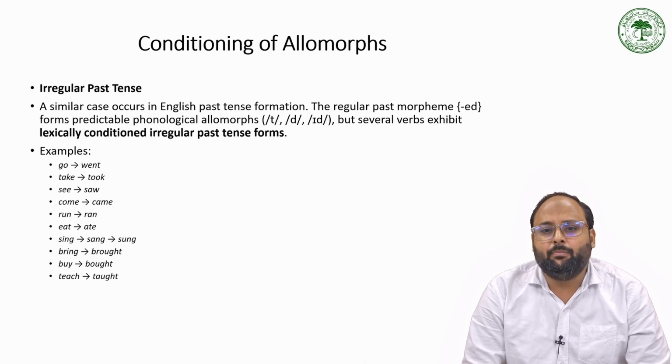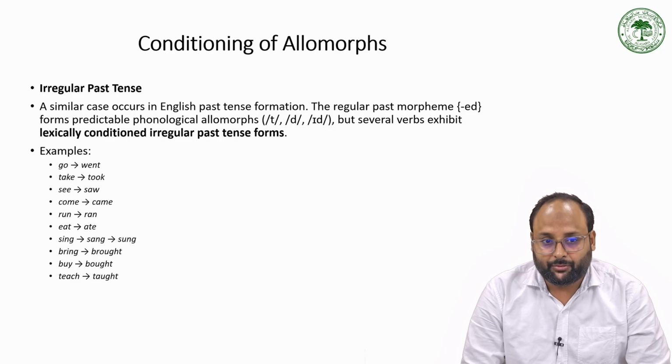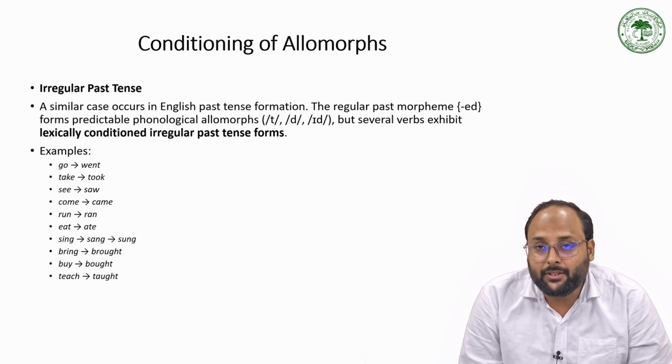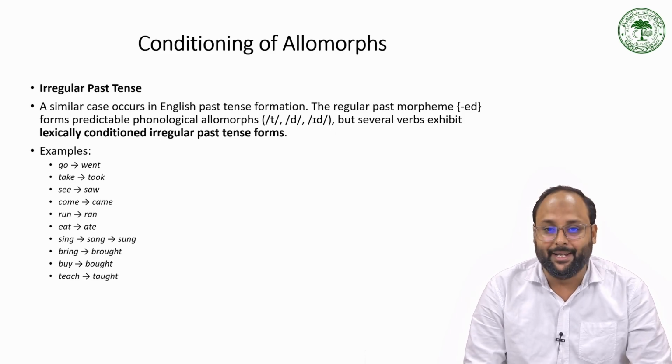There are also irregular past tense markers in English, so they are lexically conditioned. Irregular pasts like go, went; take, took; see becomes saw; come becomes came; run becomes ran; eat becomes ate; sing becomes sang, sung; bring becomes brought; buy becomes bought; and teach becomes taught. All these verbs are irregular in English.